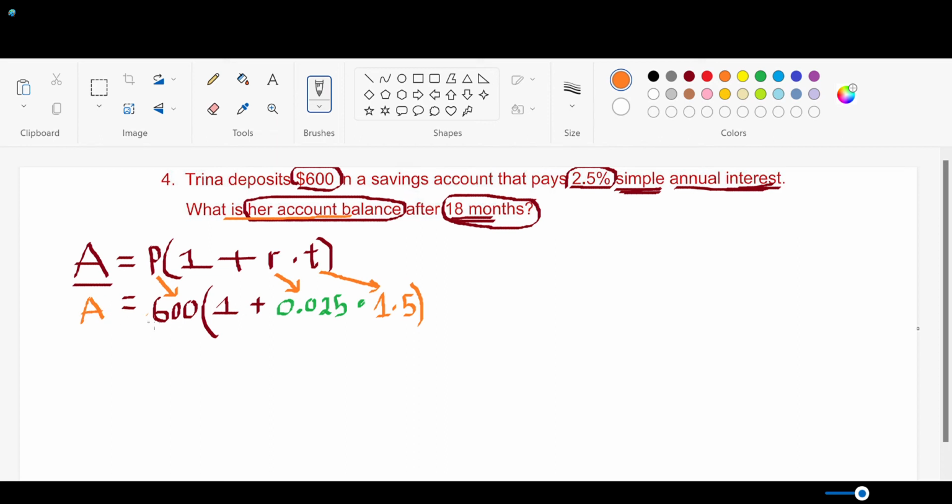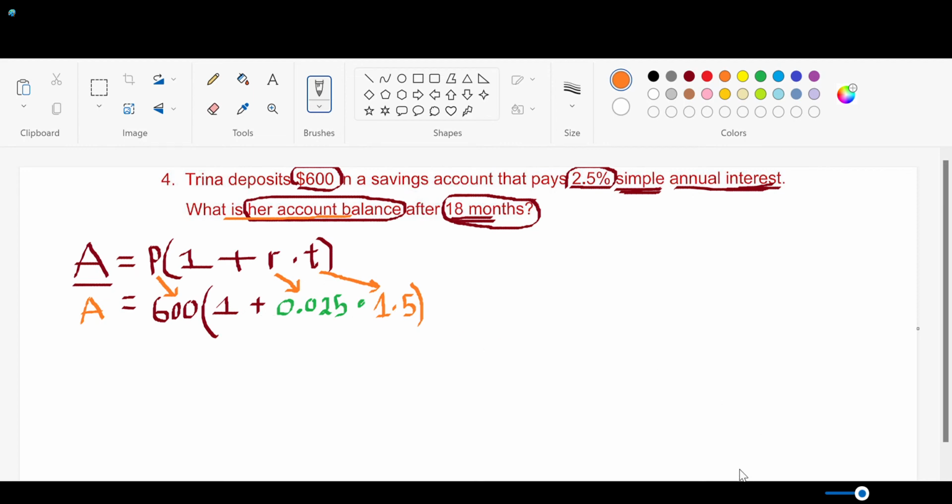If you want, you can sit there and figure all this out by yourself, but I am going to use my calculator to assist me with this problem. Remember, you are allowed to use your calculator on these types of problems. Order of operations: I'm going to clean up everything in the parentheses first, and remember, before you add, make sure you multiply first.